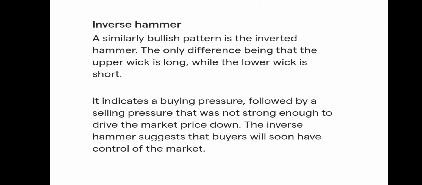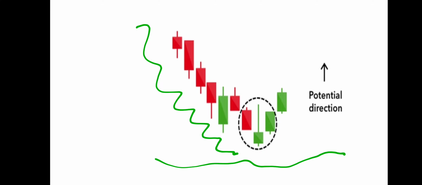Next is the inverse hammer, or we can also say inverted hammer. It's also a bullish candlestick. We will discuss bullish candlesticks now; later on we will discuss bearish candlesticks. There is the same downtrend or maybe a support area, and then this type of pattern forms, which is an inverse hammer.